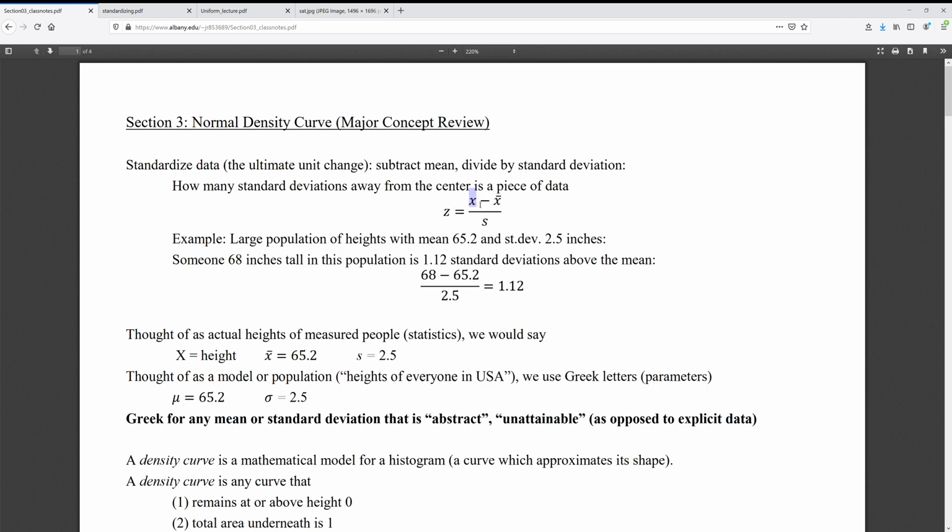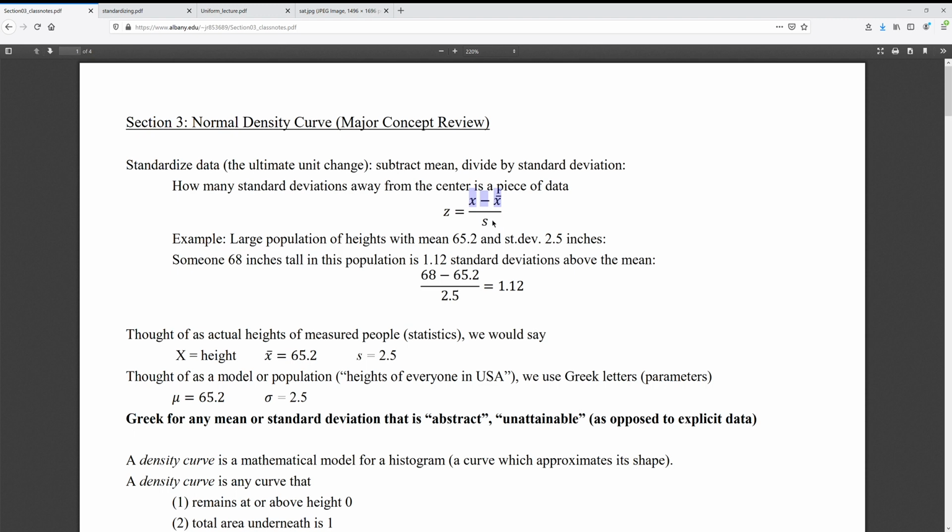If the real-world units are called X, gallons, degrees Fahrenheit, whatever, then we'll subtract the mean, X bar, and we'll divide by the standard deviation, S, or S sub X if you like. And that will give us what we call Z, which is the standardized data. First of all, we're shifting. Take SAT scores.